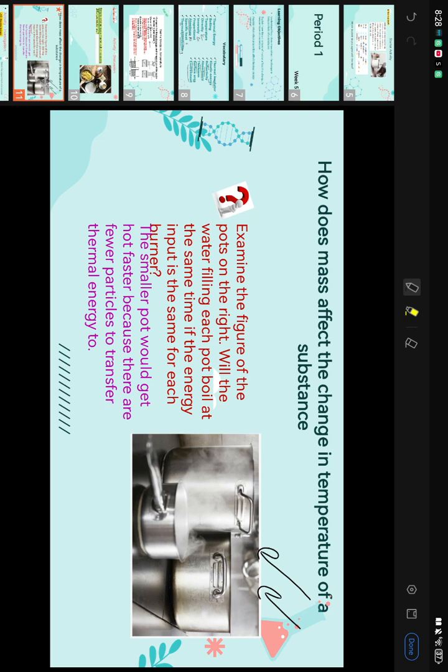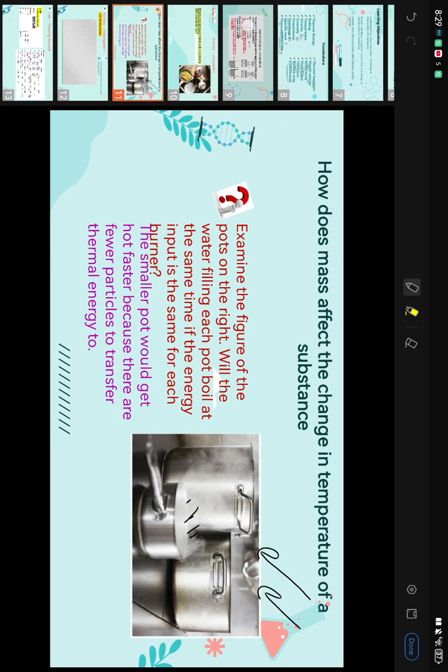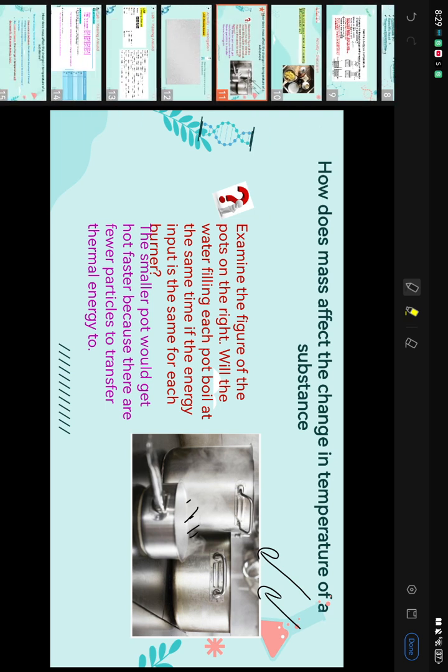So all of them will boil at the same time if the energy is the same for each burner. So we can find the smaller pot would get hot faster. This one will heat faster because there are only a few particles to transfer energy to.